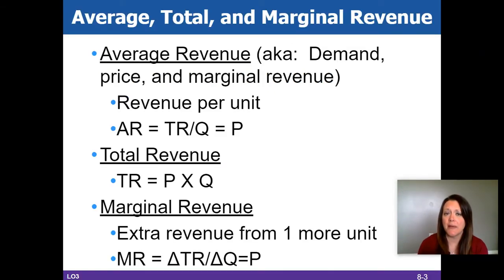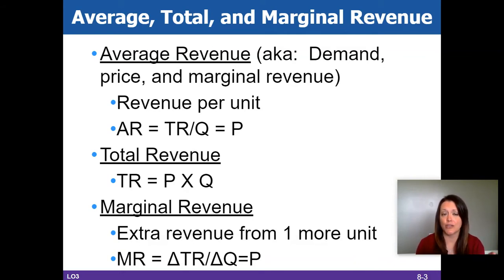So we talked about costs in chapter 9. That's one part of the profit scenario. The other part is revenue, or the amount of money that you bring in. So there's three different types of revenue that you need to know for perfect competition. The first one is average revenue. And in this market structure only, it's also known as demand. It will be the same as the demand curve. Price, same.